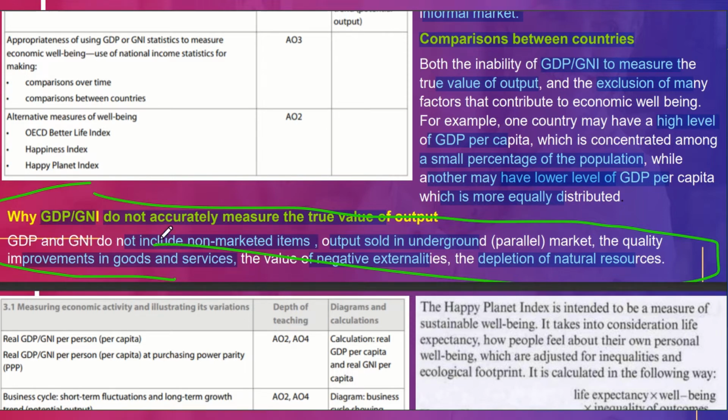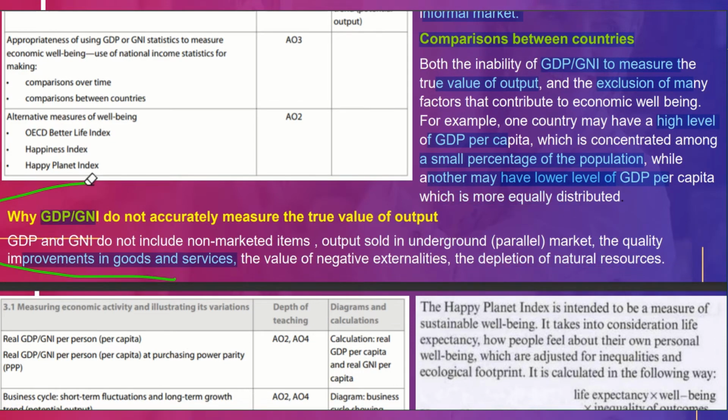GDP and GNI do not include non-marketed items, and output sold in the underground market is not included in the GDP calculation and also the GNI calculation. The quality of goods and services differs from country to country, and the value of negative externalities is difficult to measure and varies again.